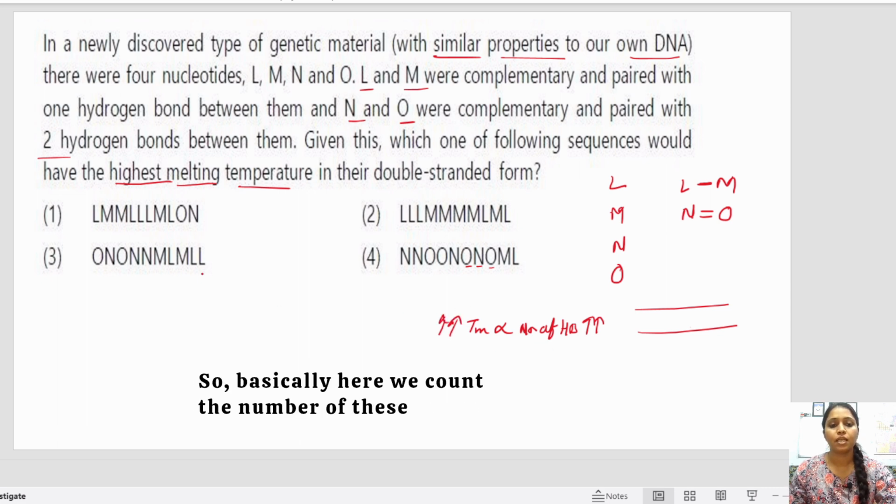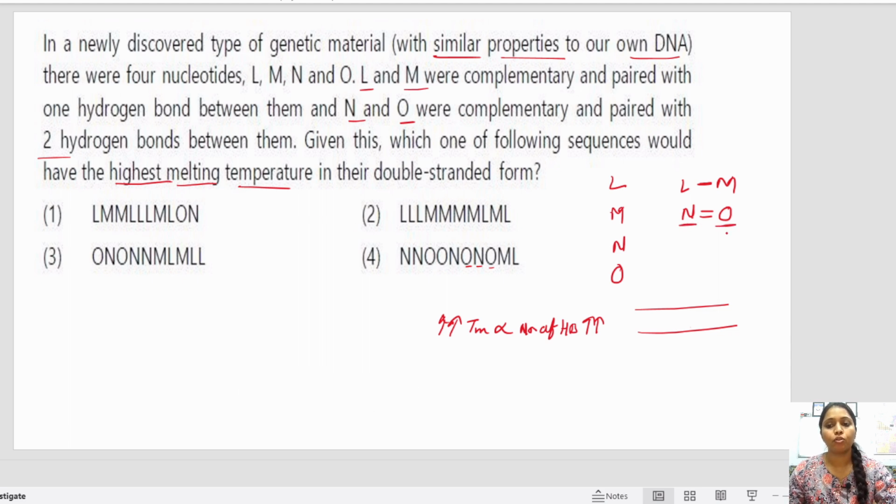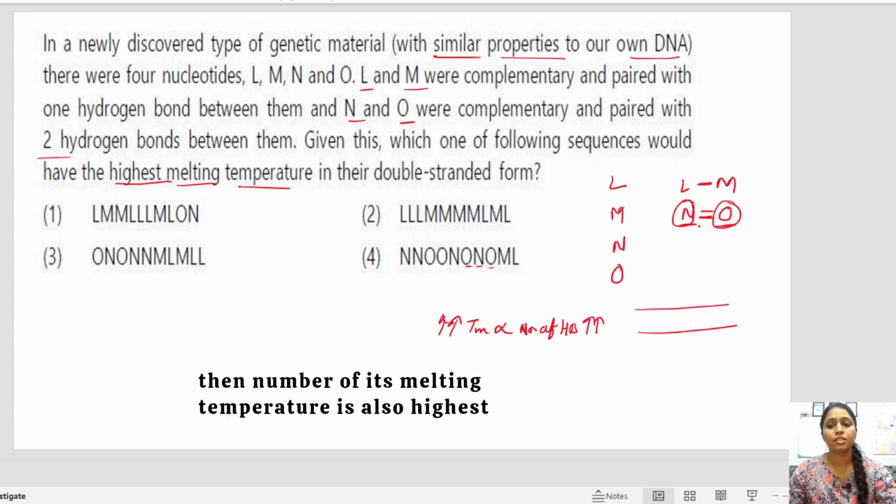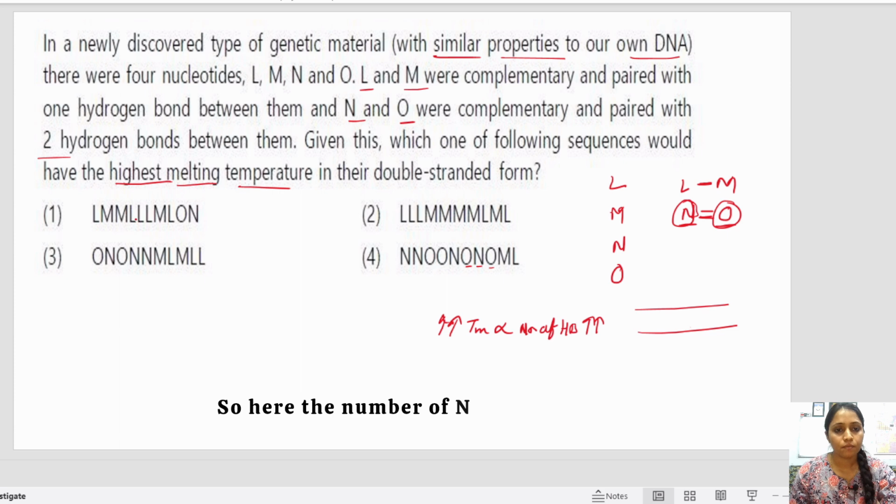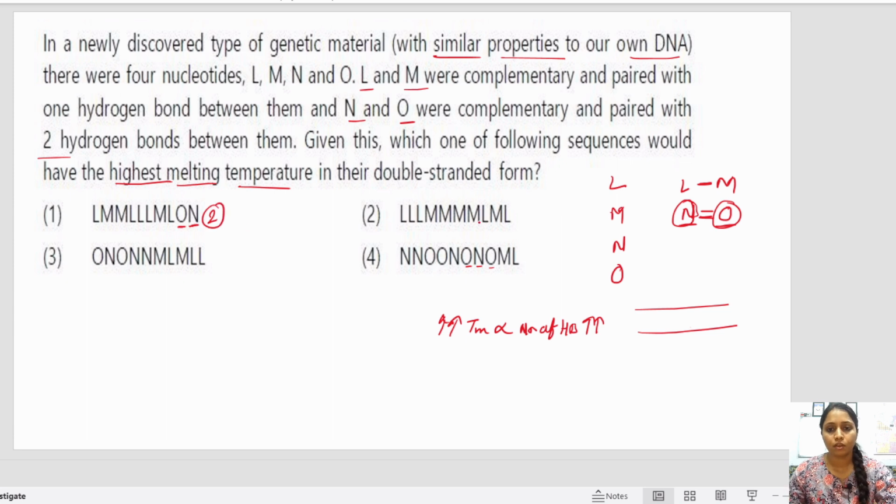So basically here we count the number of these nucleotides. So here is the double bond. If these nucleotides are more, then the melting temperature is also highest. Here the number of N and O is only 1 and 1, 2. Here the number of N and O is 0.